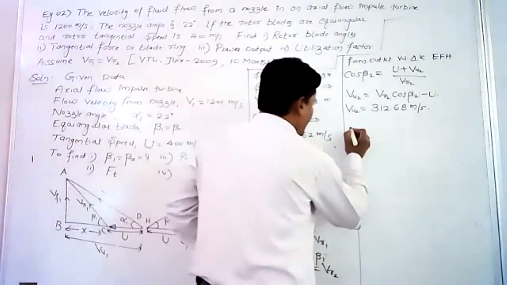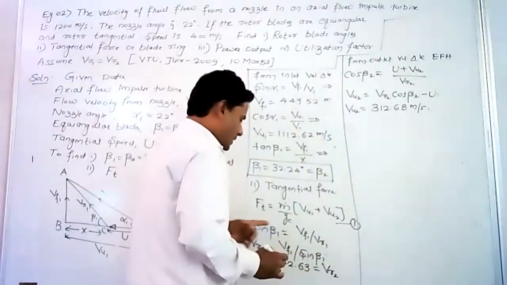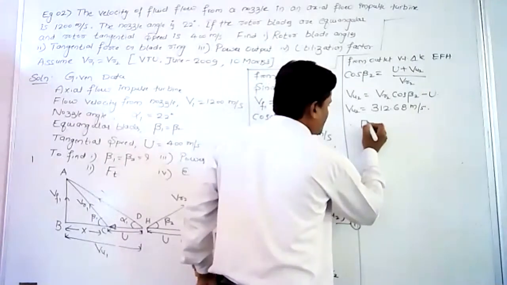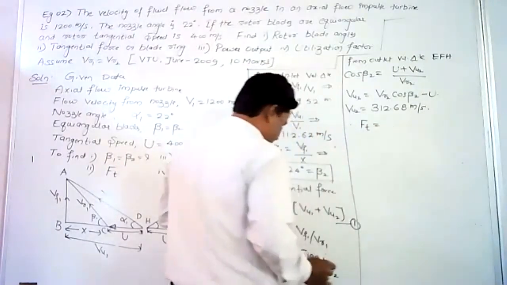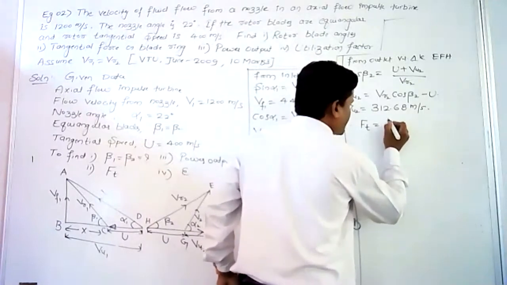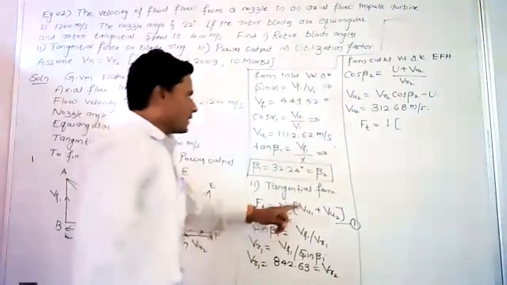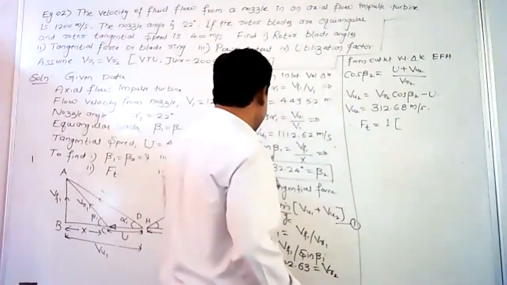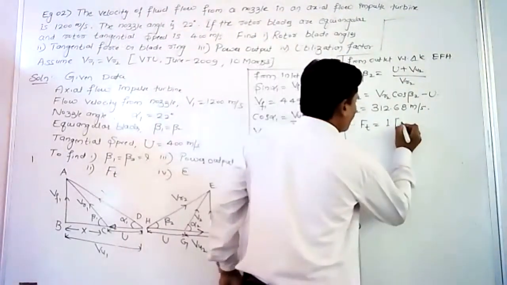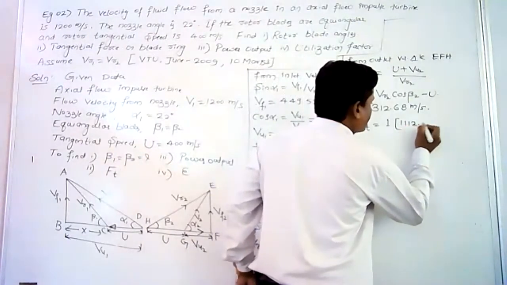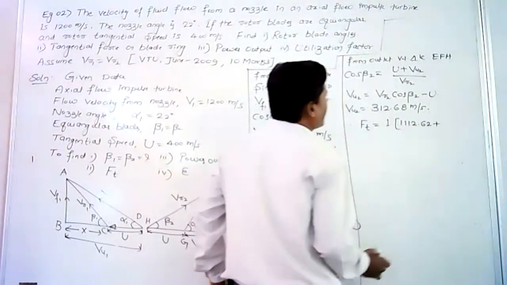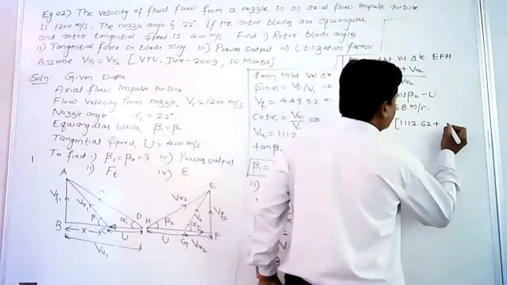So therefore, using equation number 1, we get Ft equals m dot, which is 1, times VU1, which is 2.62, plus VU2, which is 312.68.